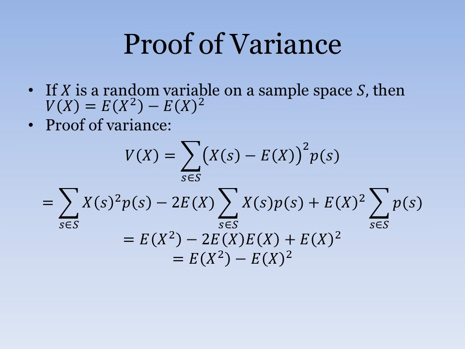So we equate that to this, which is just expanding the polynomial here. And then we can add up the terms in the summations to get the expected value of X squared minus 2 E(X) plus the expected value of X squared, which equals this.